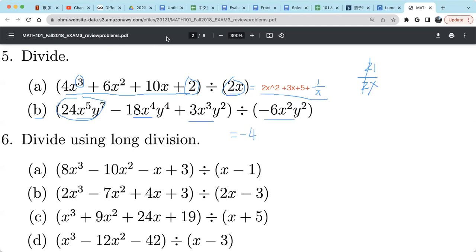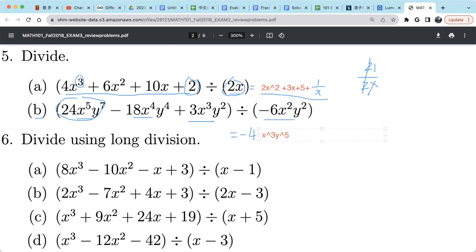So let me type. Typing is easier. Writing with my finger is too hard. X raised to 5 divided by x squared, that's x cubed. Y to the 7th power divided by y squared, that's y to the 5th. When we're dividing the same base, we subtract the exponents.